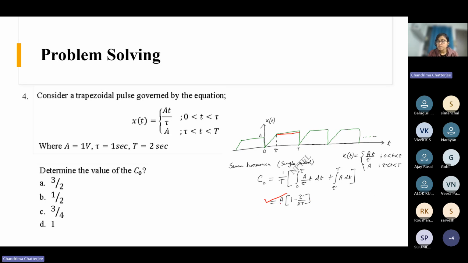We already know the value of A, tau, and capital T, so you can easily find out. A was 1 volt, then 1 minus tau, which was 1 second, by 2 times T, which was 2 seconds, so 1 by 4. So it comes out to be 3 by 4, right? So option C here. Is it okay?